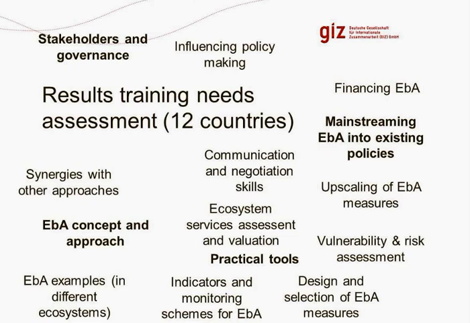How can we upscale EBA measures? What type of communication and negotiation skills do we need in order to mainstream ecosystem-based adaptation into different policies and planning? And last but not least, financing. I think that is also an issue which was mentioned by many of the participants in this needs assessment.